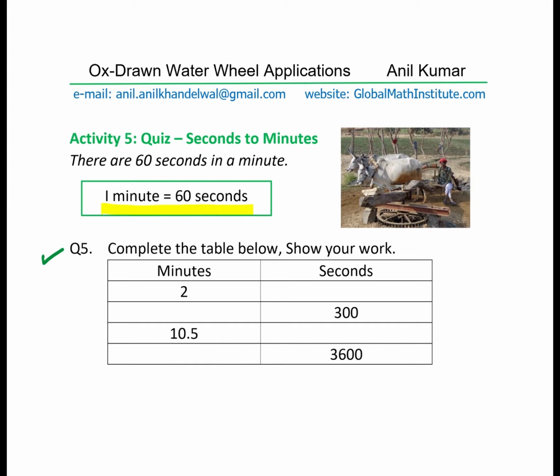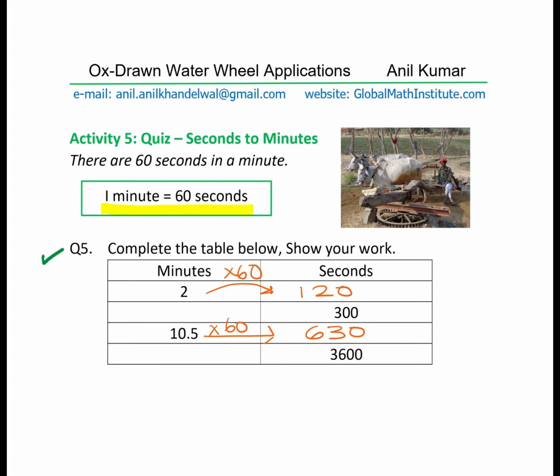So when you go from minutes to seconds, you need to multiply by 60, correct? So 2 times 60 is 120. Similarly, when you go from here, you will have to multiply by 60. Now 10 will give you 600 and half of 60 is 30. So your answer should be 630. Does that make sense, right?